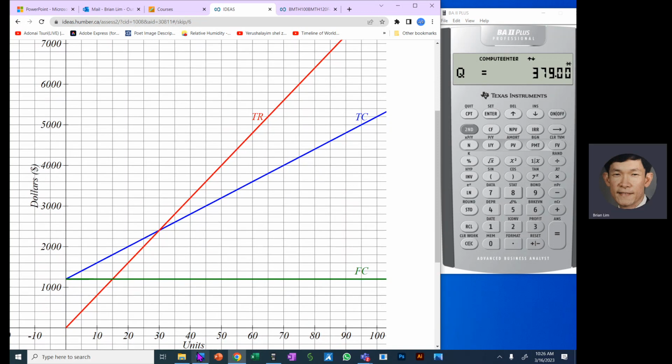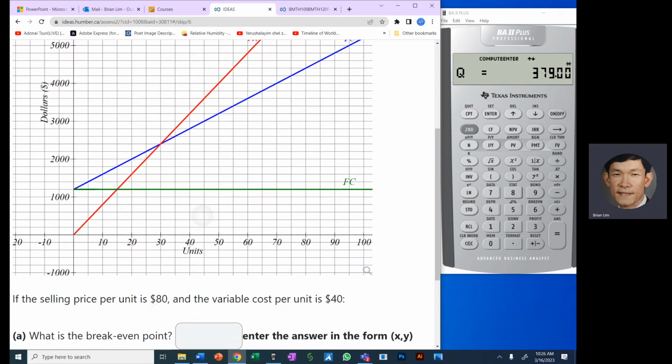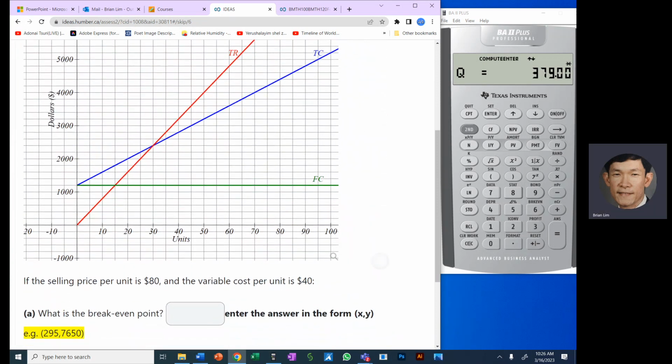All right, so this is the number of units or volume. This is the number of dollars, or total revenue, the amount of money. All right, good. Now we are given some more information: the selling price is $80 and the variable cost is $40. All right, now what is the break-even point?